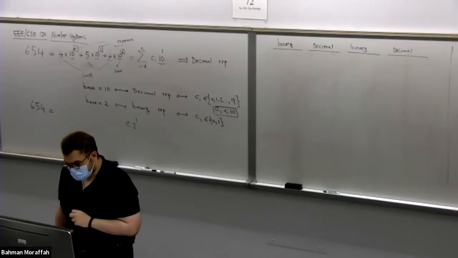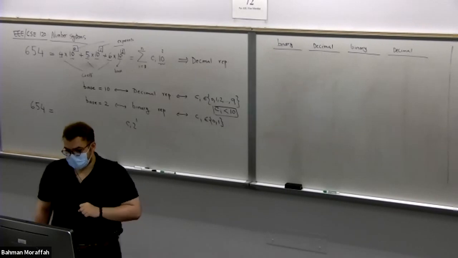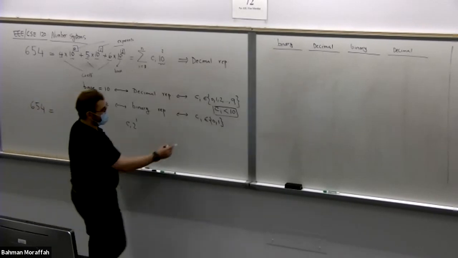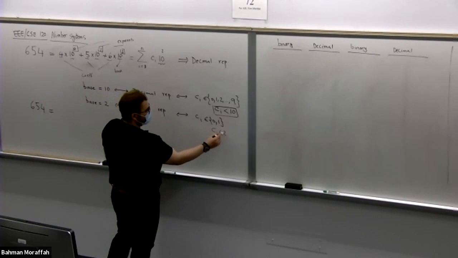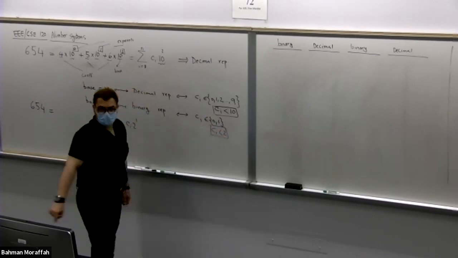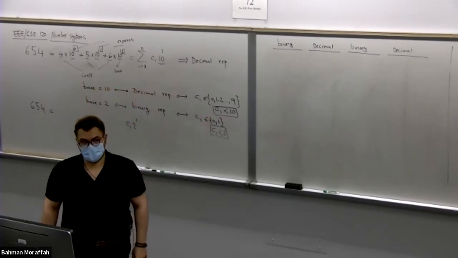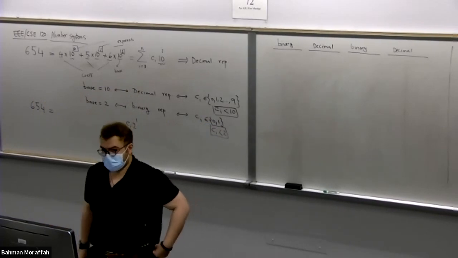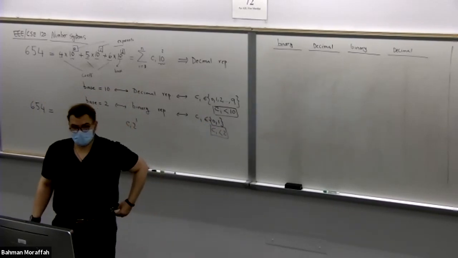It should be smaller than 2. 0 and 1 basically means it's smaller than 2. And these coefficients are always positive, for now.